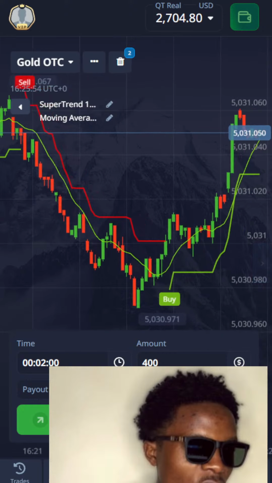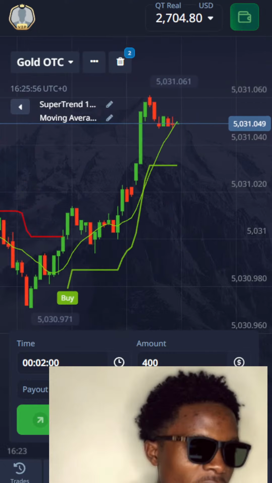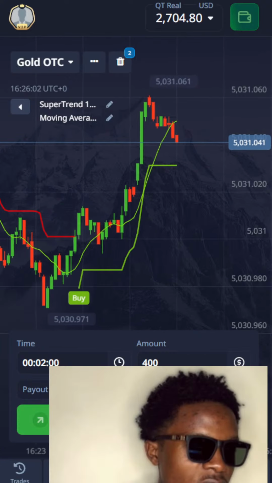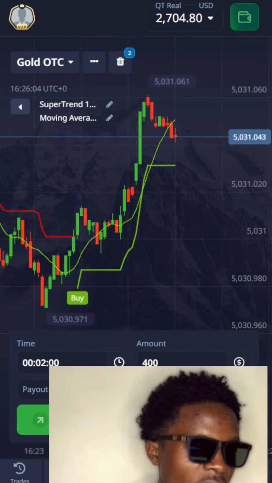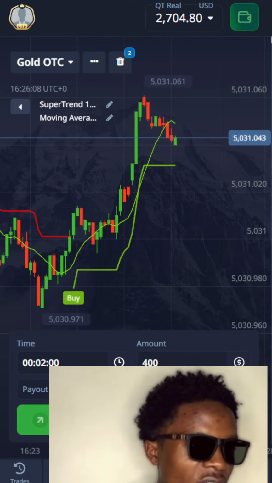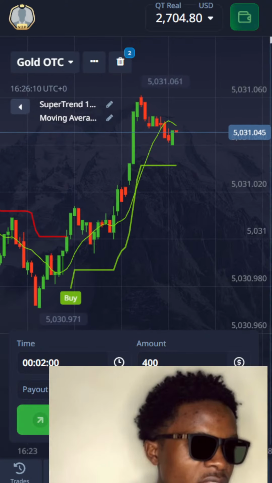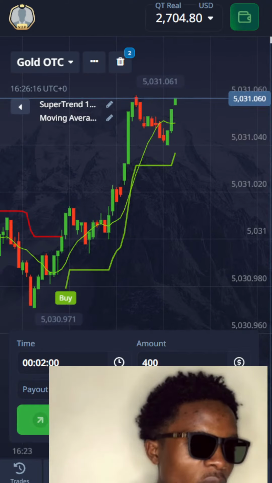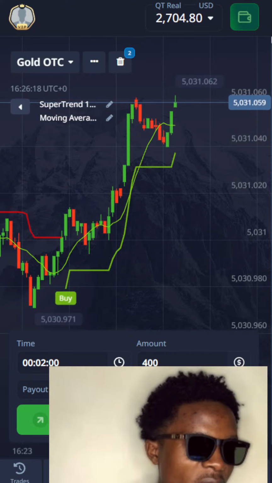As you know, before we do anything, we first identify the trend, then after that we decide whether to buy or to sell. According to what we are seeing here, it is an uptrend, and you remember very well how we use the moving average and the Supertrend or the retest, as I told you. So we are supposed to be looking for buys in such a scenario.